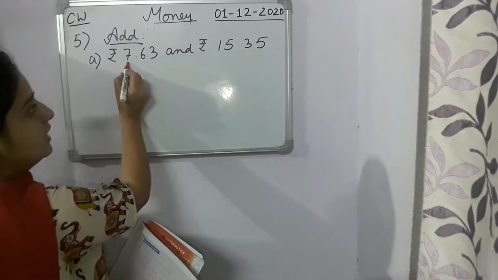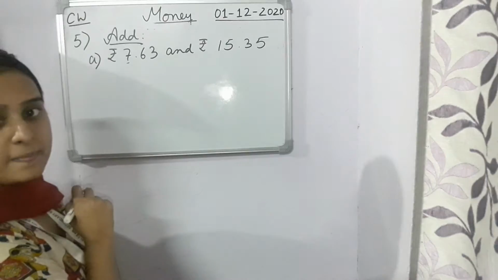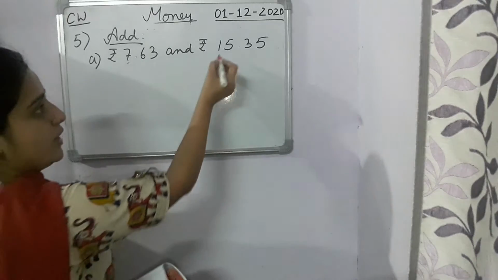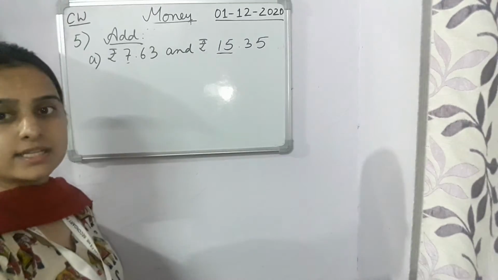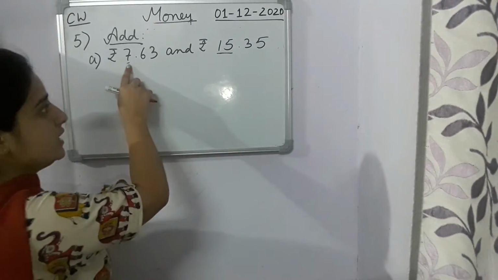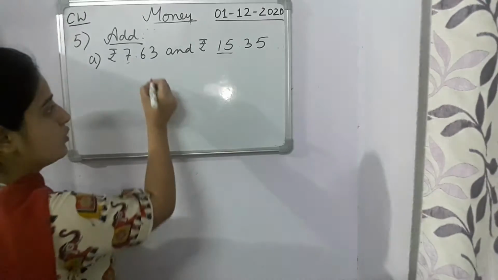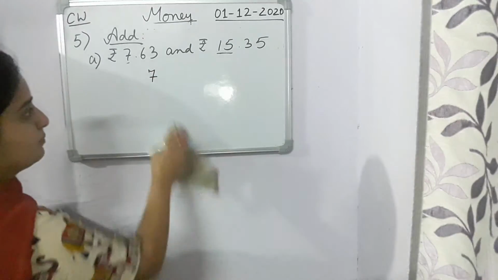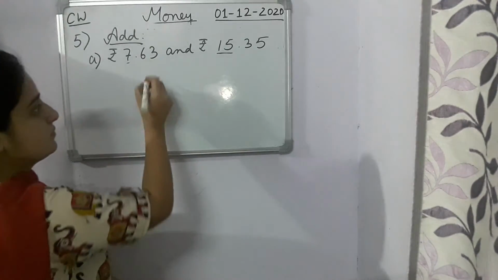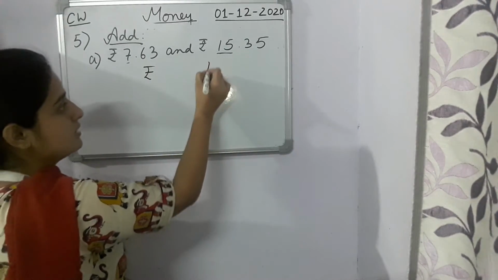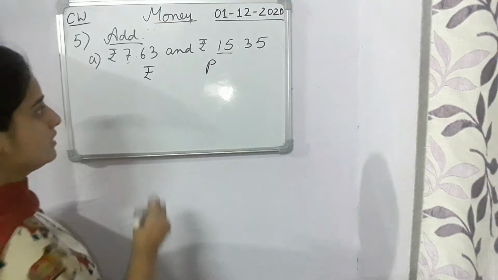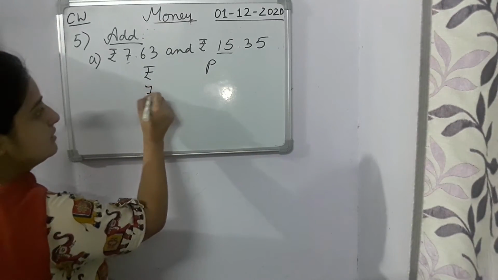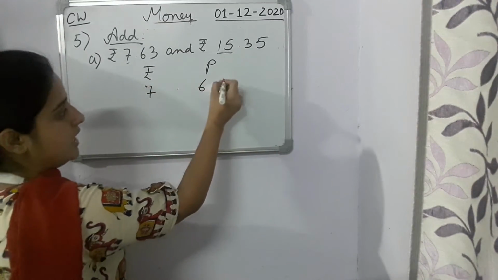So you can see here it is 7, single digit, right? Whereas in rupees here it is 2 digit. So to make it 2 digit, children, first we will write 7. First we are going to put rupees and paisa. Put the symbols, rupees and paisa. Then here it comes 7.63, right?